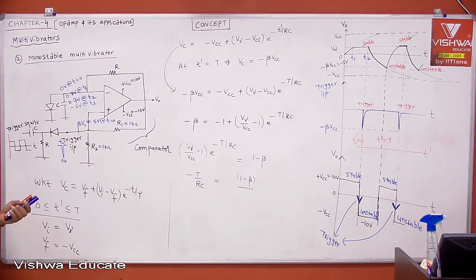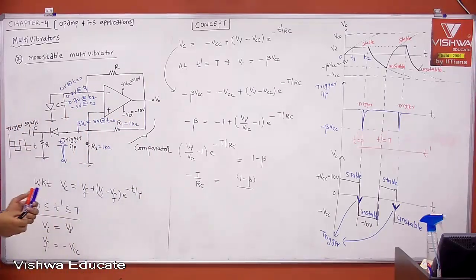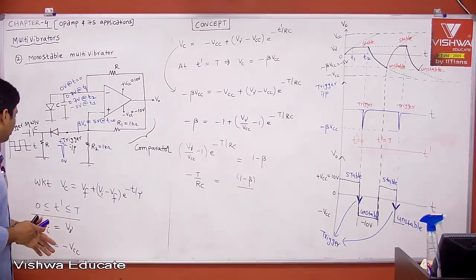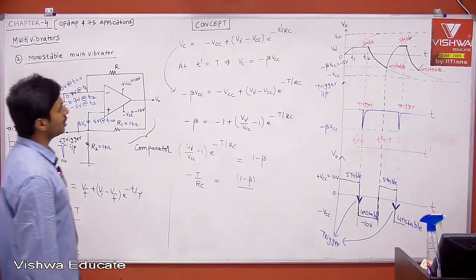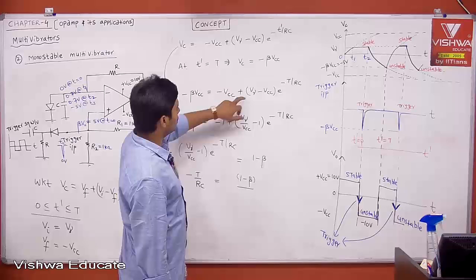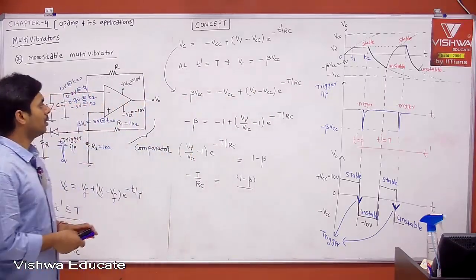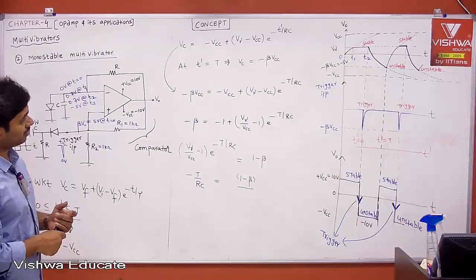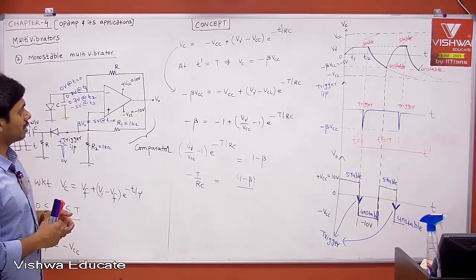Okay, done. V initial is nothing but V gamma, V final is minus beta VCC, right? Therefore, minus beta VCC equals minus VCC plus (V gamma minus VCC) e to the power of minus T by RC. Okay, now minus beta equals minus 1 plus (V gamma by VCC minus 1) e to the power of minus T by RC.